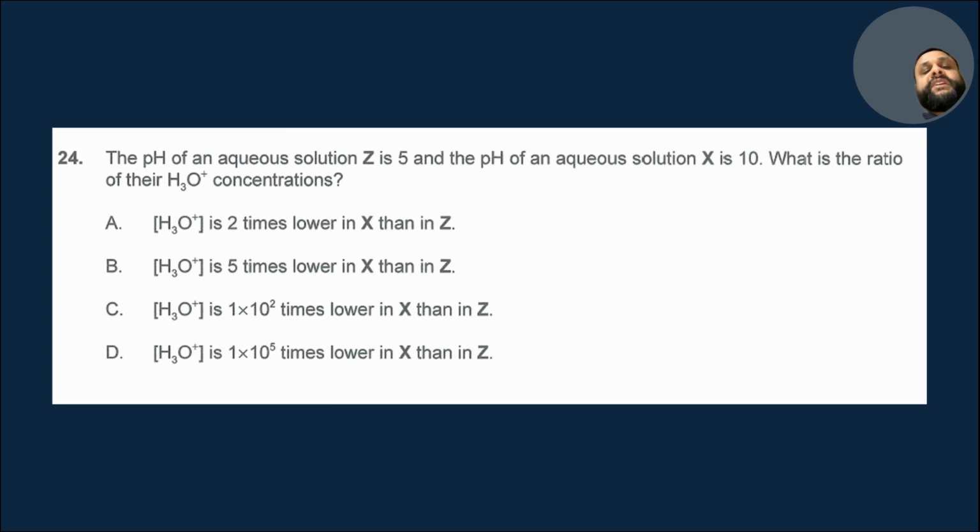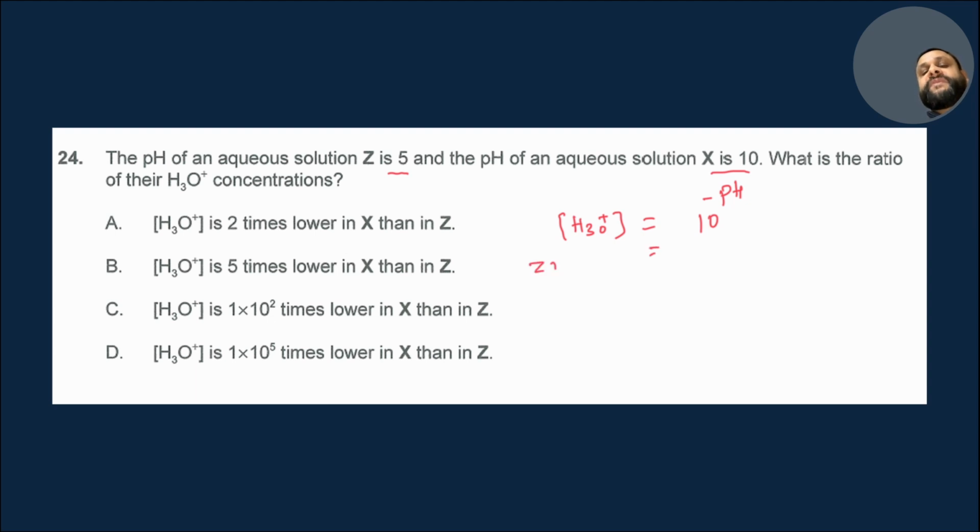Question 24. The pH of an aqueous solution Z is 5 and the pH of an aqueous solution X is 10. What is the ratio of their H3O plus concentrations? So we know H3O plus ion concentration will be equal to 10 to the power minus pH.